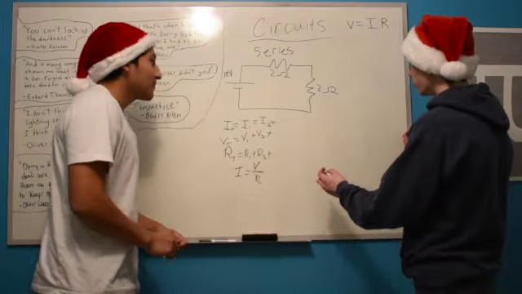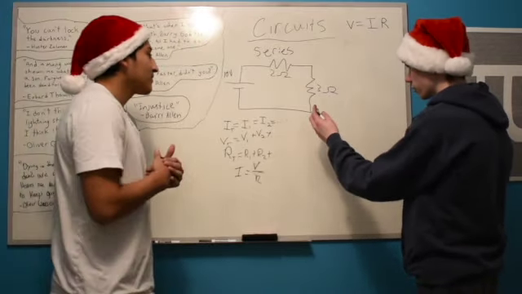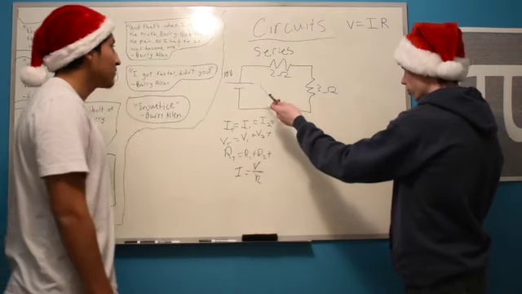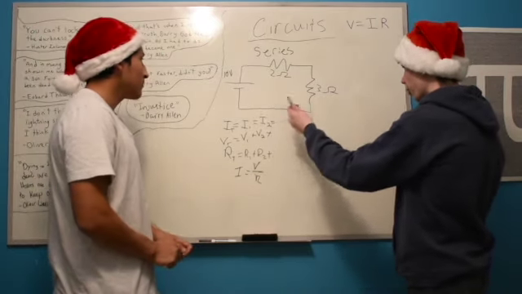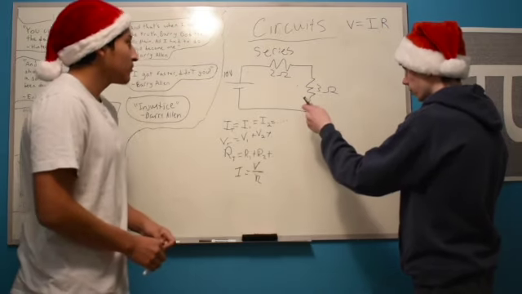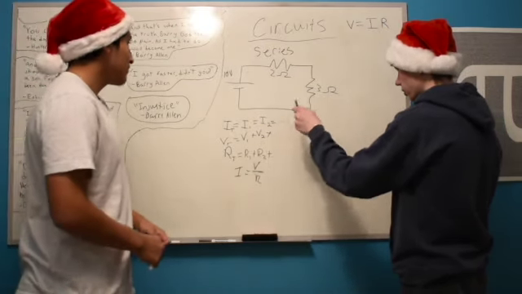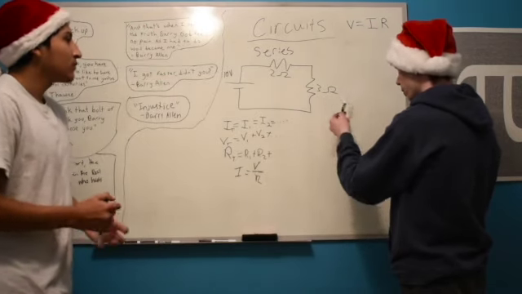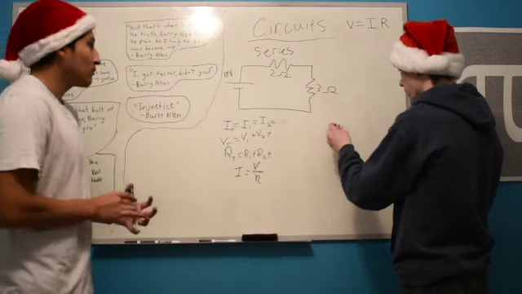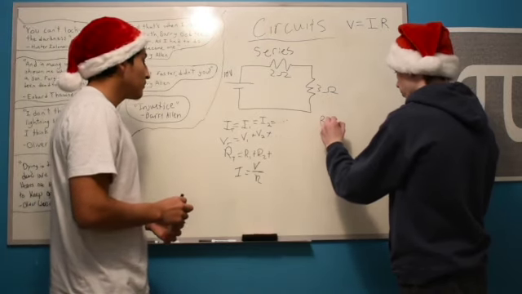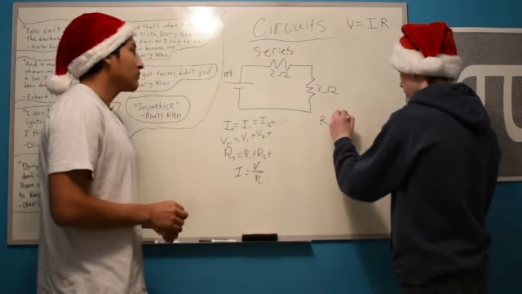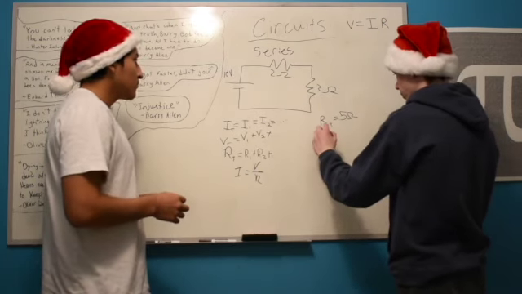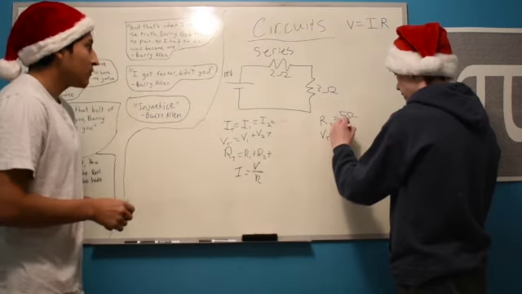To find the total current of the circuit, you first need the total voltage and the total resistance. Because this is a series circuit, you can just add up the resistances: 2 plus 3 is 5 ohms. We're given the total voltage, which is 10 volts.